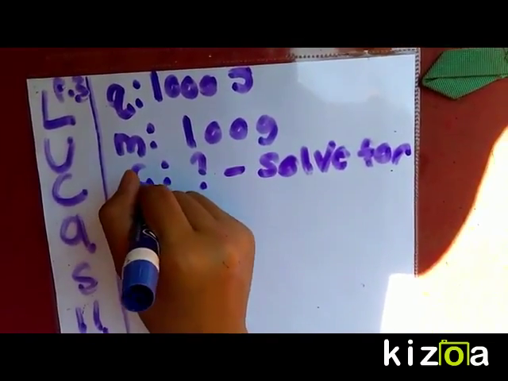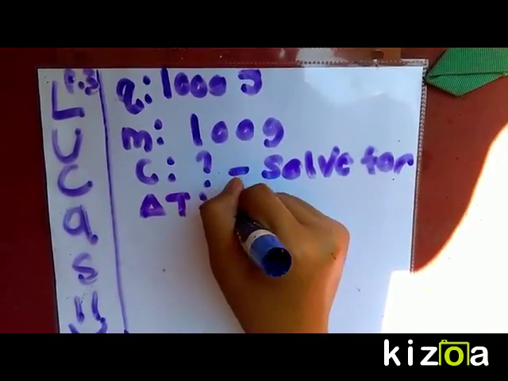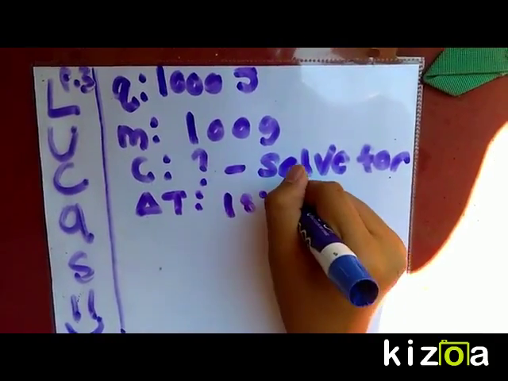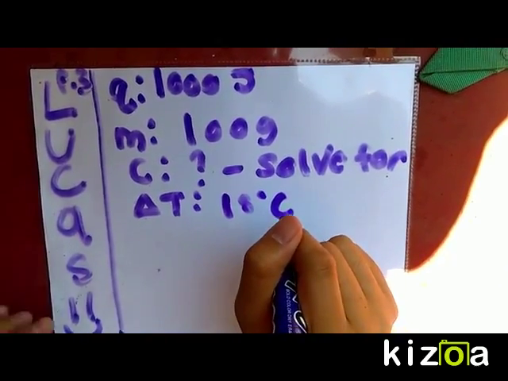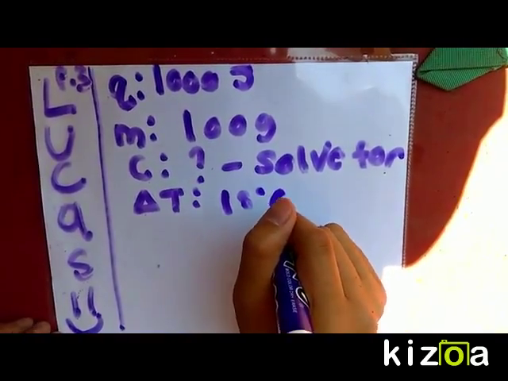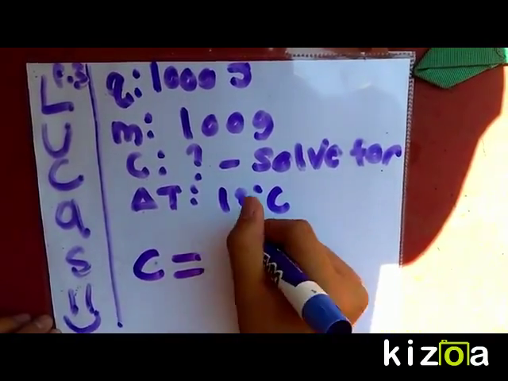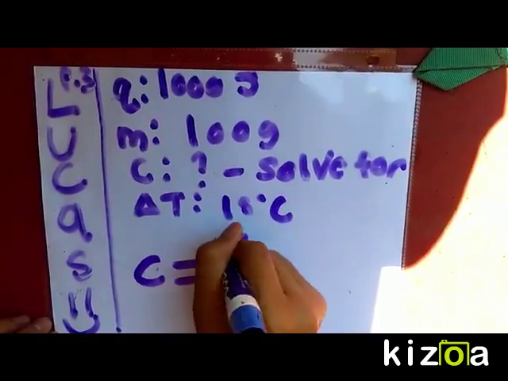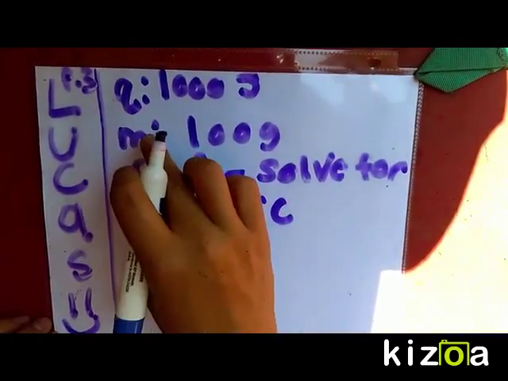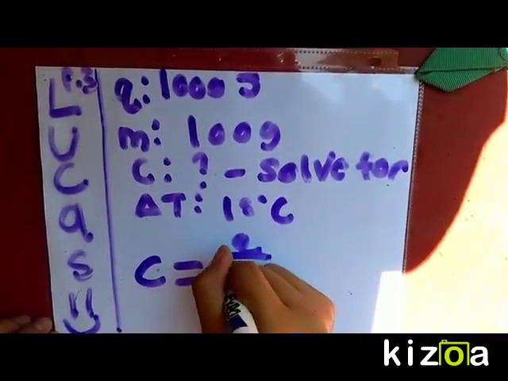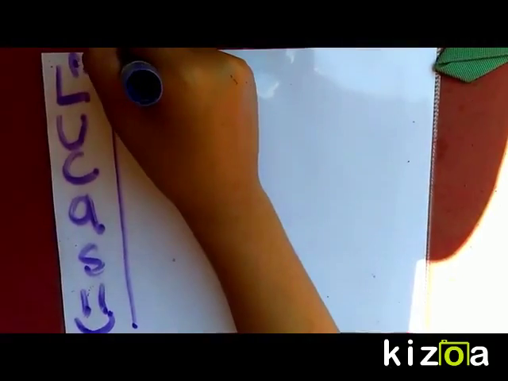And our triangle T was 15 degrees Celsius. And for this one, we're going to solve for C, so we're going to write C equals, and then the joules, whenever you have it like this, the joules is always going to be on the top, and then it's going to be these two times each other. So M times triangle T.